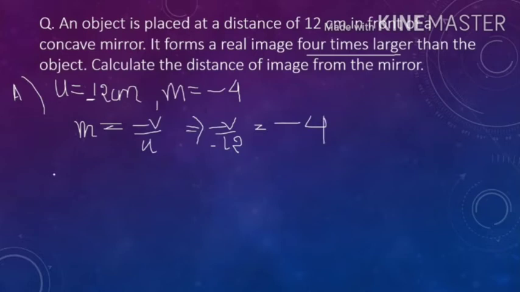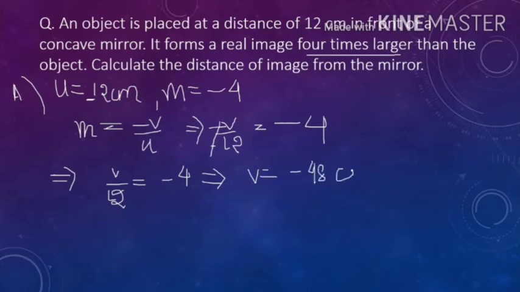So let's solve this. The minus signs cancel, so we get v by 12 equals minus 4. This means v equals minus 48 centimeters. It means the image is formed at 48 centimeters from the pole of the mirror.